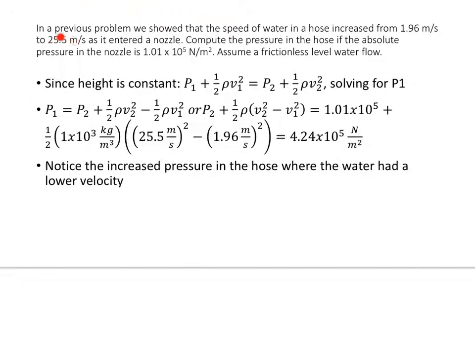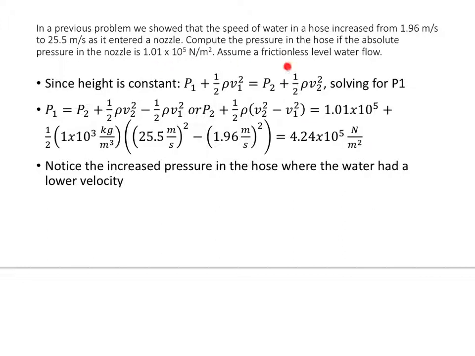Okay, so here's a problem. In a previous problem, we showed that the speed of water in a hose increased from 1.96 meters per second to 25.5 meters per second as it entered the nozzle. We want to compute the pressure in the hose if the absolute pressure in the nozzle is 1.01 times 10 to the fifth newtons per square meter. Notice that's air pressure.